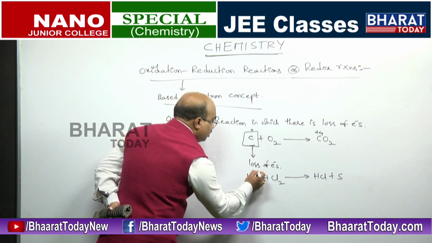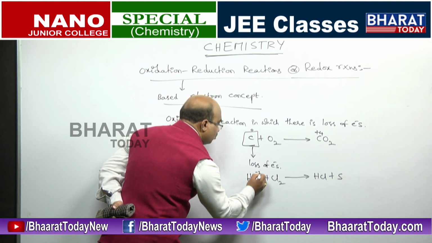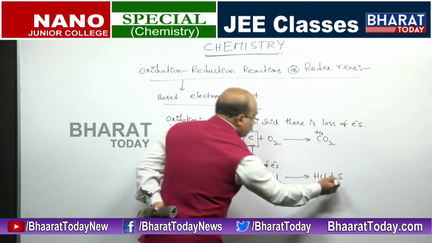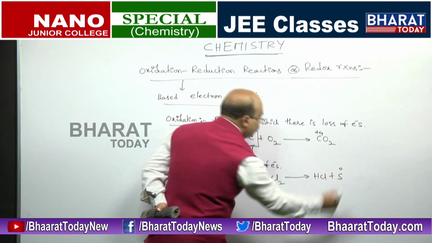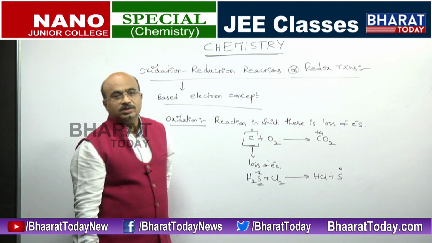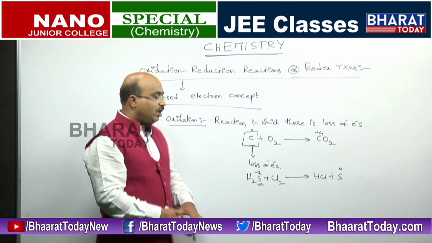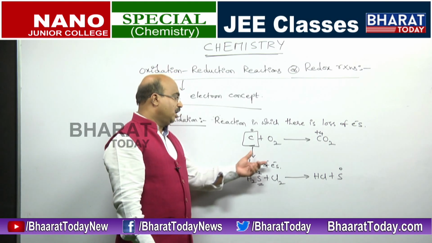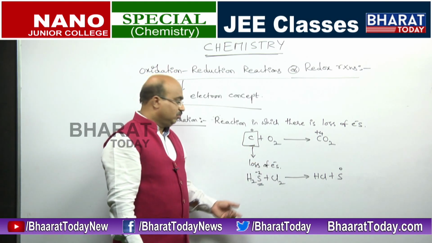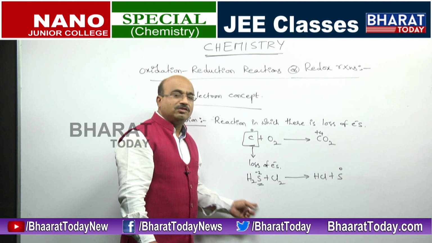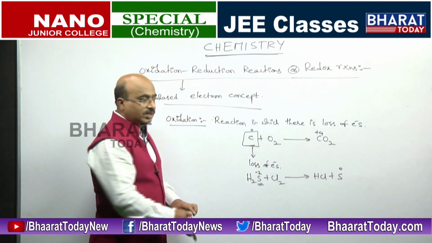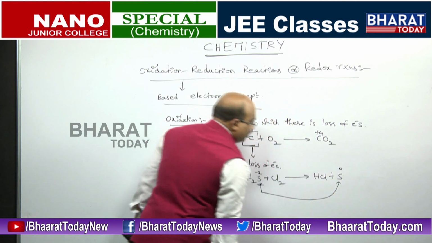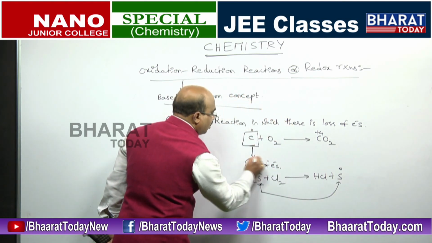The charge of sulfur here is -2, and here the sulfur charge is 0. So it has lost negative charge. What is meant by negative charge? Electrons are negatively charged, so loss of negative charge means electrons are lost. So when the sulfur charge goes from -2 to 0, we say there is a loss of electrons.